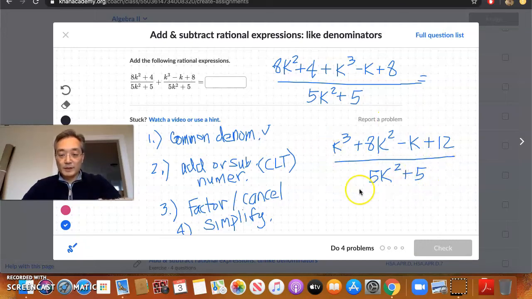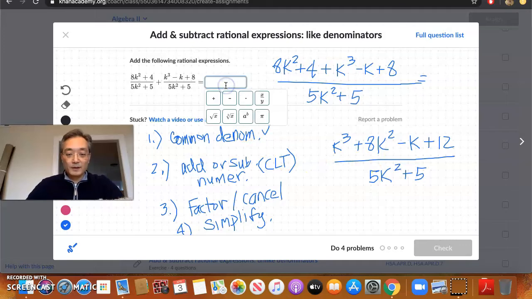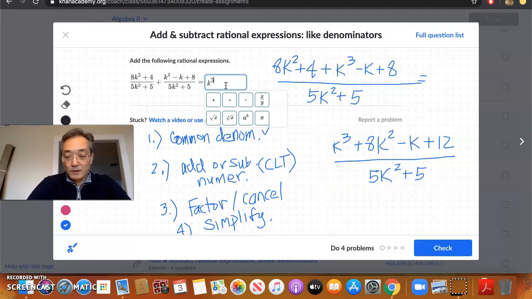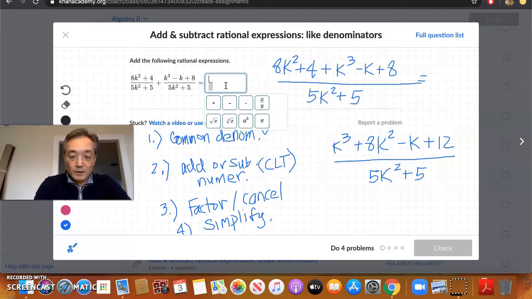So let's see if this is going to be our final answer. Again, there's a lot of typing here, correct? You know what? I'm going to start with the fraction bar.